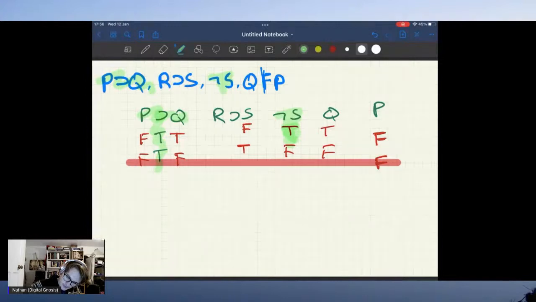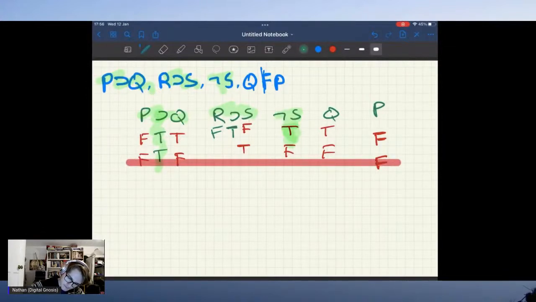R then S, right? So we need R then S to be true as well. Basically, we just make R false, which we're enabled to do, which then makes that true as well. And you can see now that it's all true and the conclusion is false.